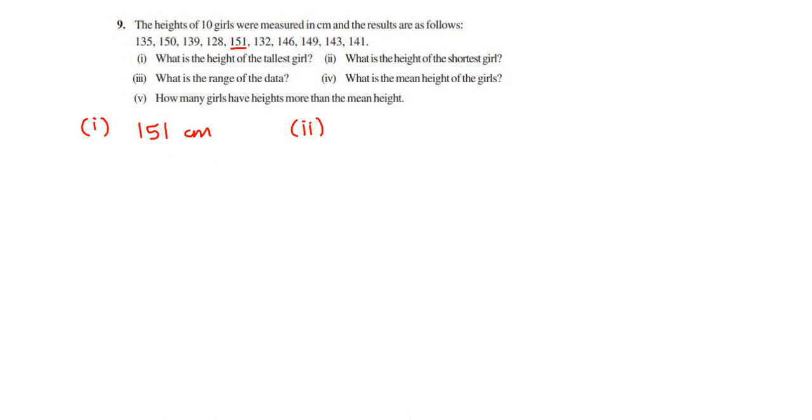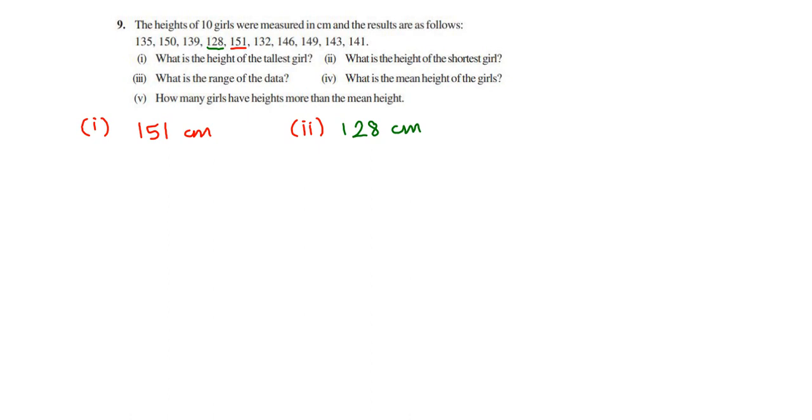In the second part we are finding the height of the shortest girl, that is the number which is the smallest among these. Here clearly you can see this number 128, this number is the smallest, so your answer will be 128 centimeter for the second part.